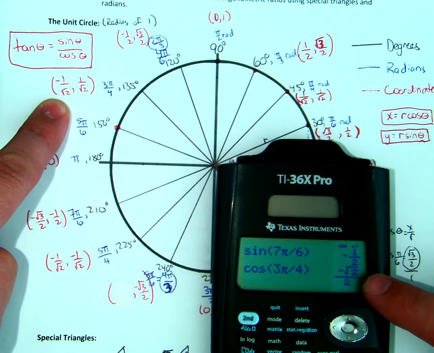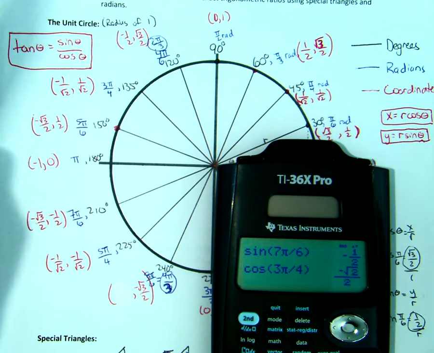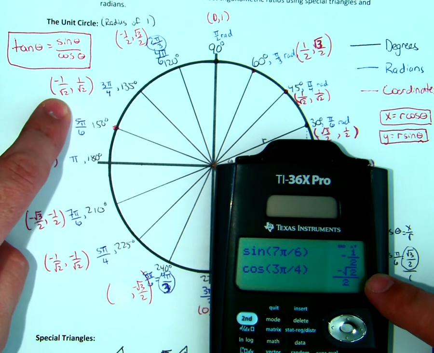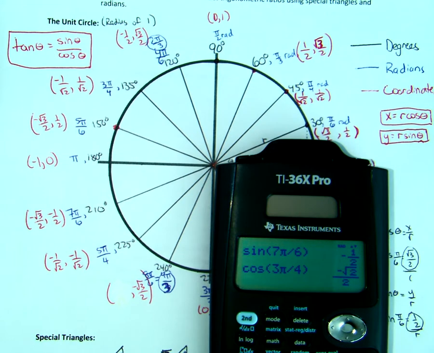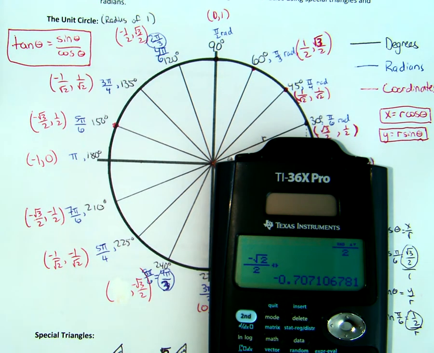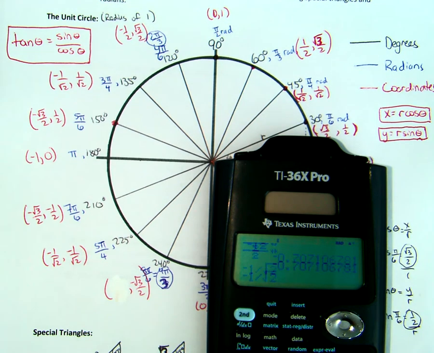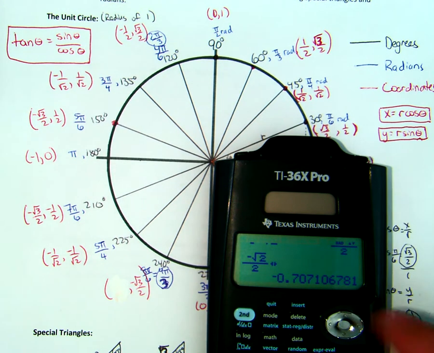We'll worry about how to rationalize the denominator later. It was too much to take on in one day, so we'll do that tomorrow or the next day. But these are the same thing. If you change that to a decimal, you get negative 0.707. If I go negative 1 divided by square root of 2, I get the same thing, negative 0.707. So same things, we'll worry about rationalizing later.